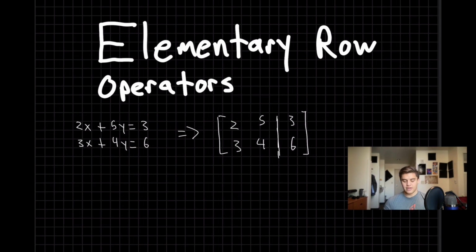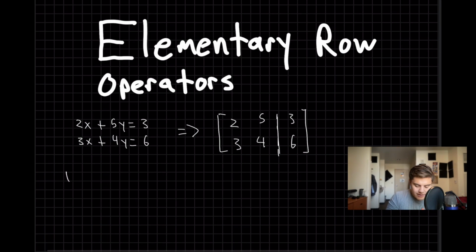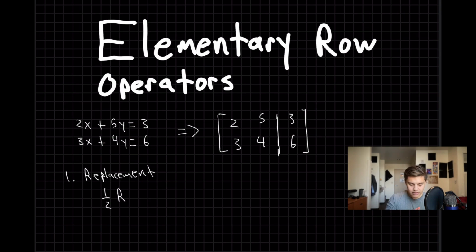Now let's talk about some operations we can do. The first one that comes to mind is replacement. Replacement is when you have a scalar multiple, anything that's not 0, times a row, and you add it to the other row, and it goes into the other row. So this would be like 1/2 of R1 plus R2 going into R2.